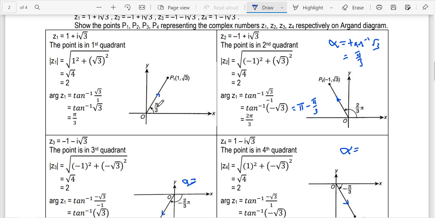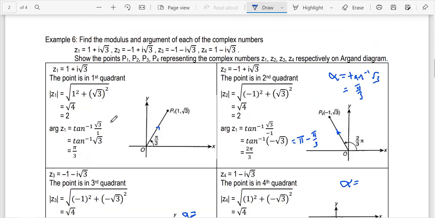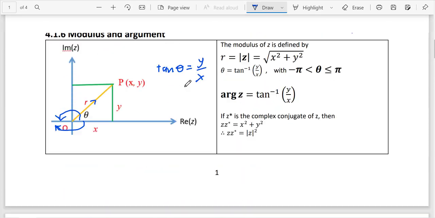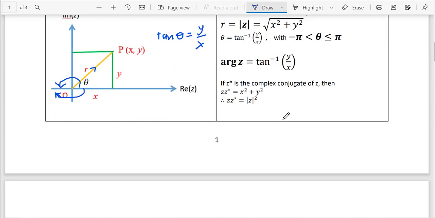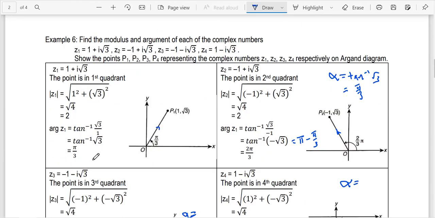Then the argument is the angle here. Because it is positive, you just press the calculator. If you press the calculator, you get degrees, but you must change it to radians. For argument, every time you must change to radians, don't give degrees. How to change to radians?